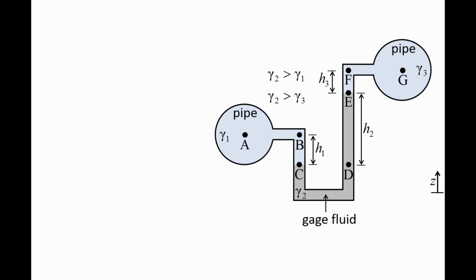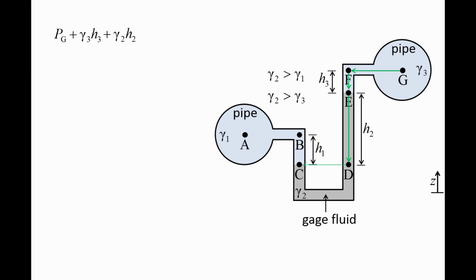Let's use the shortcut method to find the pressure difference between the pipe on the left and the pipe on the right. We start at point G, where the pressure is PG. We move horizontally to point F, and there is no change in pressure. As we descend to point E, the pressure increases by gamma 3 h3. As we further descend to point D, the pressure increases by gamma 2 h2.